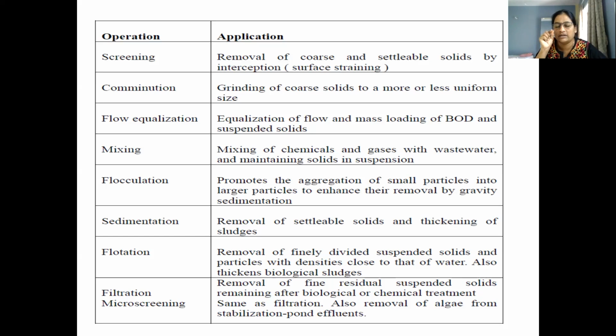Very fine particles which cannot be seen easily by the naked eye also start coming together and converting into small clumps, flocs. Right? That process is known as flocculation. Flocculation promotes the aggregation of small particles into larger particles to enhance their removal by gravity settling.